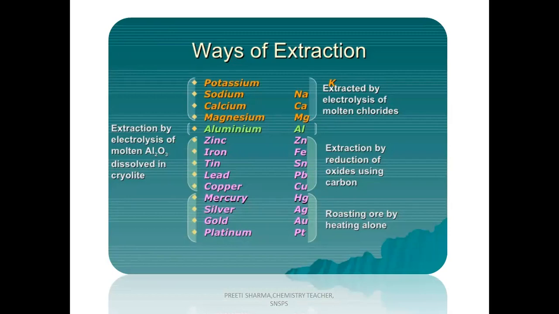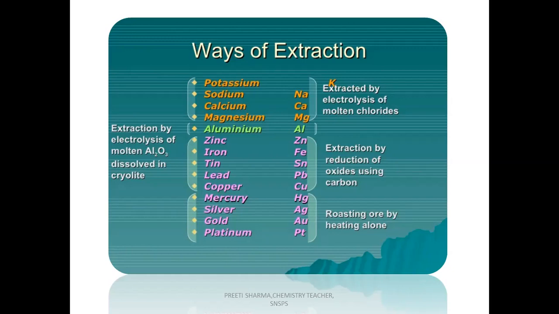So basically till magnesium, they can be extracted out into their pure form by using the electrolysis method. Students, electrolysis means breakdown of electrolyte into ions. And the next one is aluminium.